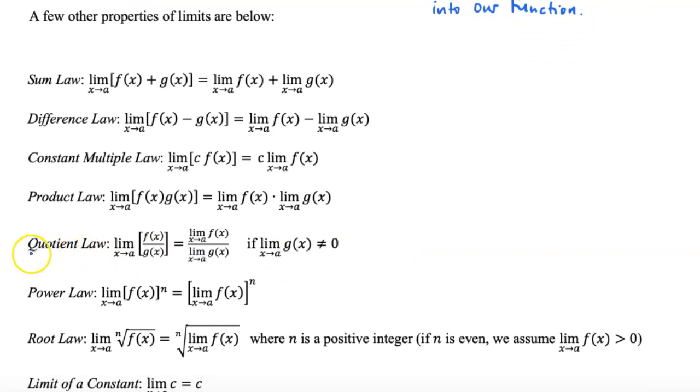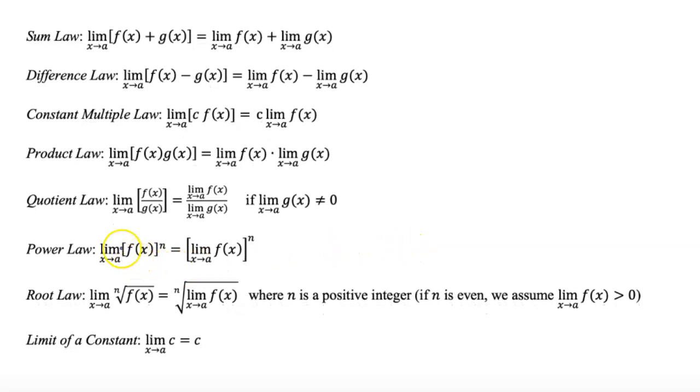Quotient means dividing, you divide these values and you get a quotient. So for f of x divided by g of x, the limit of this expression is equal to the quotient of those individual limits. We have an important qualification here. The limit as x approaches a of g of x must not be equal to 0, because we know that a denominator cannot be equal to 0.